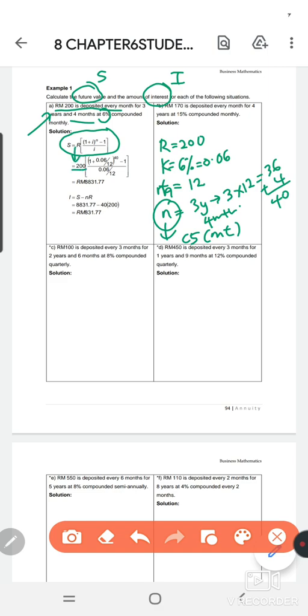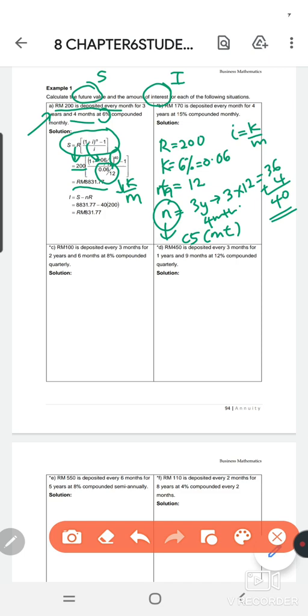Your R is 200. And then I equals K over M, so it means 0.06 divided by 12. And then N is 40. Then divide by i, where i is K over M. So you get the answer here.